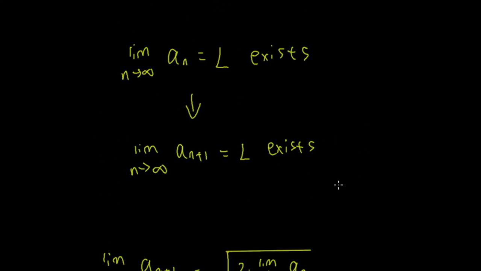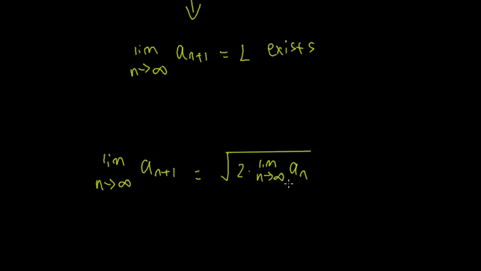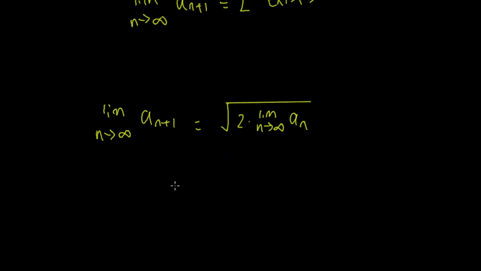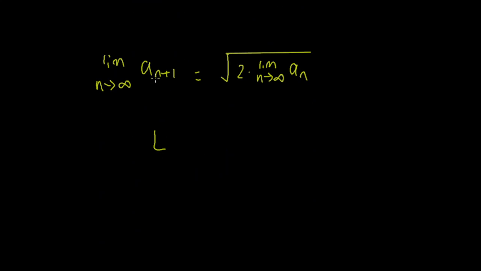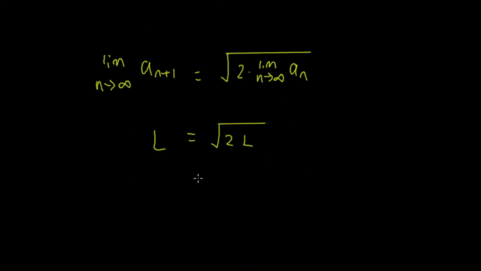Now, we just figured out that limit as n approaches infinity of a sub n is equal to L exists. So this is equal to L. And also limit as n approaches infinity of a sub n plus 1 is equal to L exists. So this is equal to L. Then we can say that the left side equals square root of 2 times L, because this is also equal to L, right? Based on what we figured out.